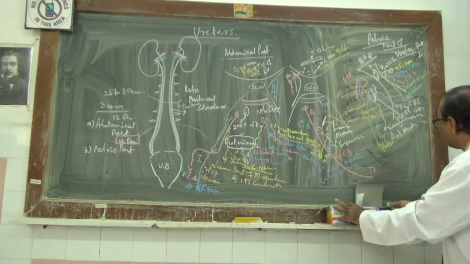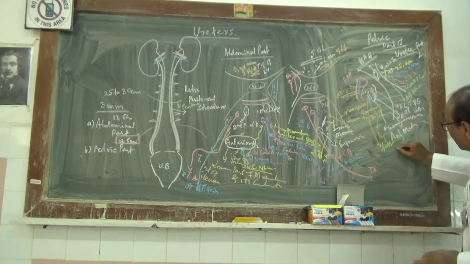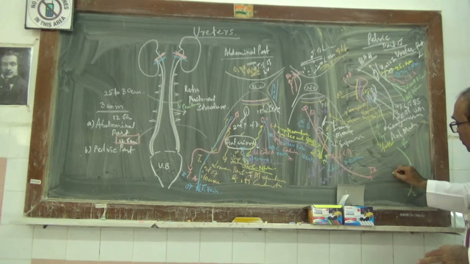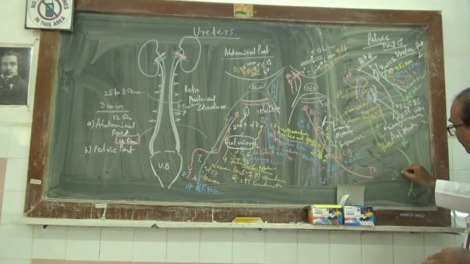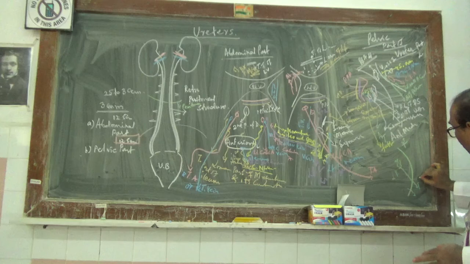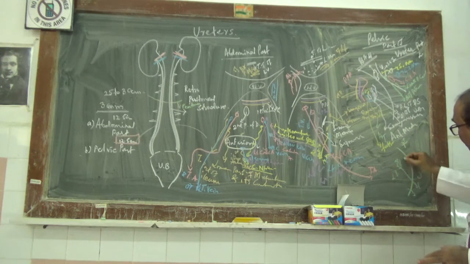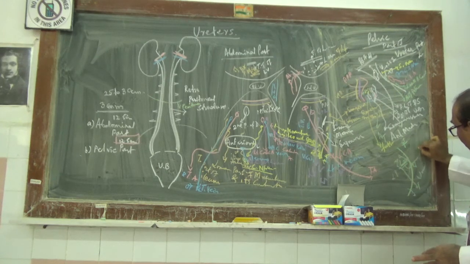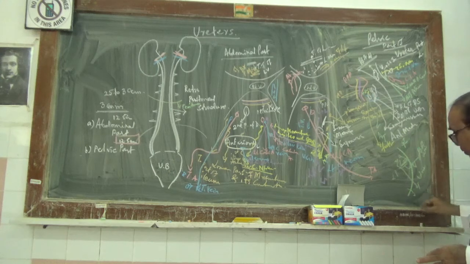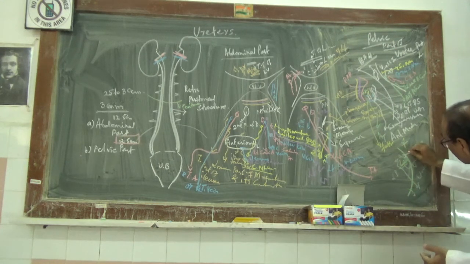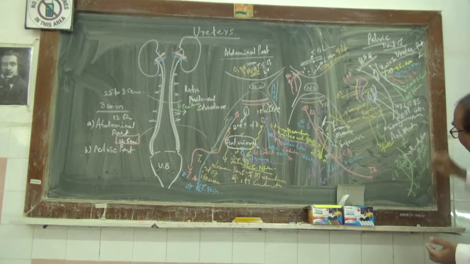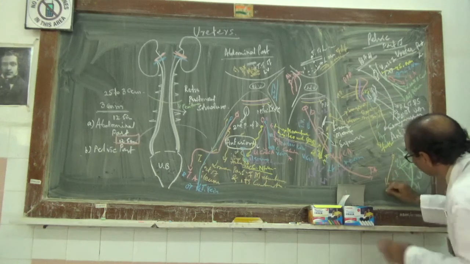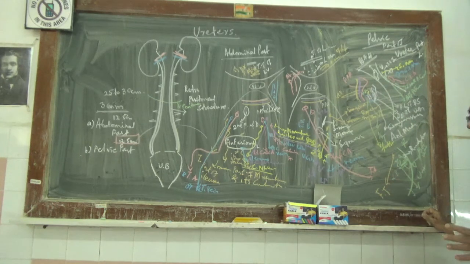In case of the female, anteromedially, so this is anteromedial, the lateral part of the uterus, where the broad ligament of the uterus and the round ligament of the uterus, fallopian tubes on either side.